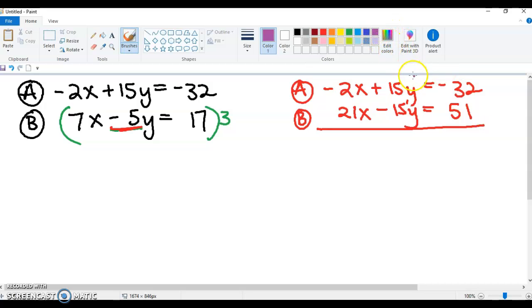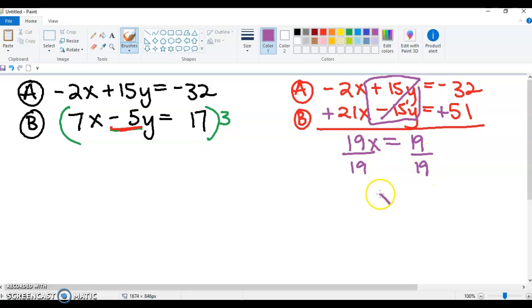So now if you notice right here, these will cancel. So I have negative 2x plus 21x, which is 19x, and that equals negative 32 plus 51 is 19. So now I'm going to divide both sides by 19, therefore x equals 1.